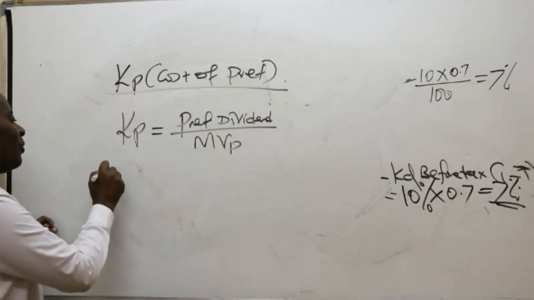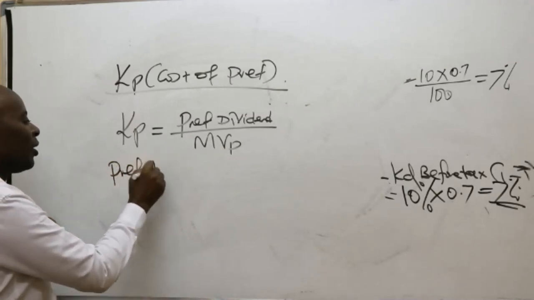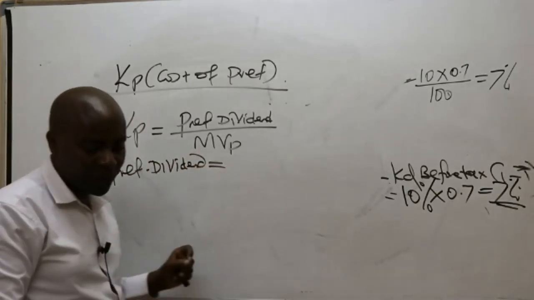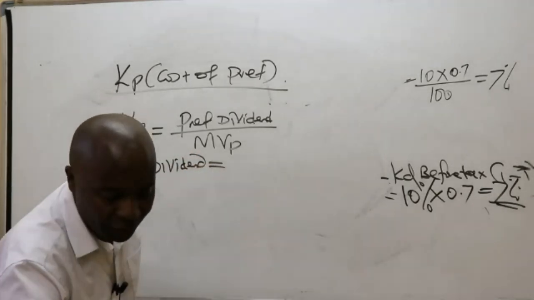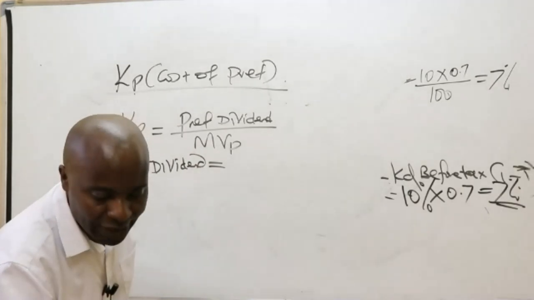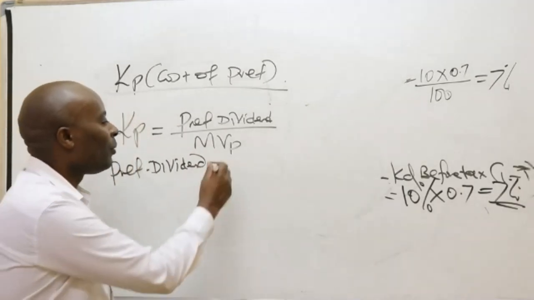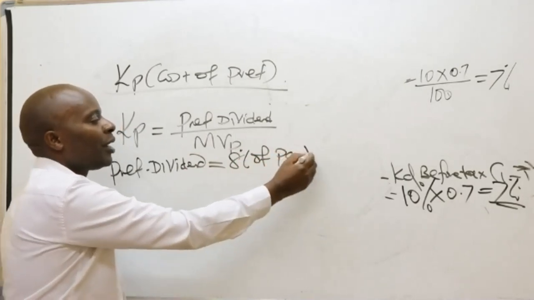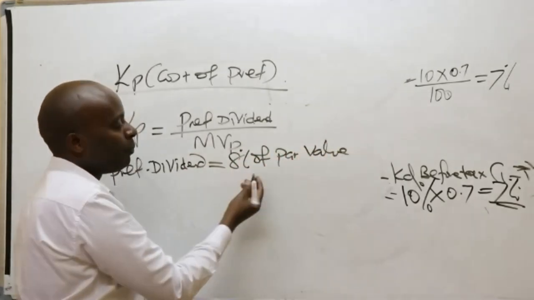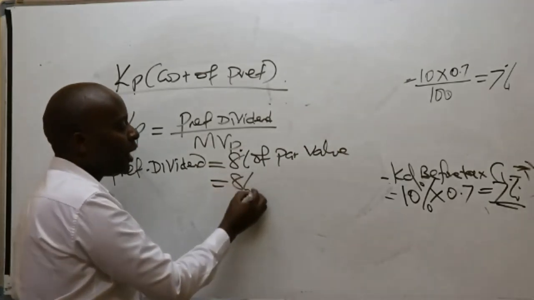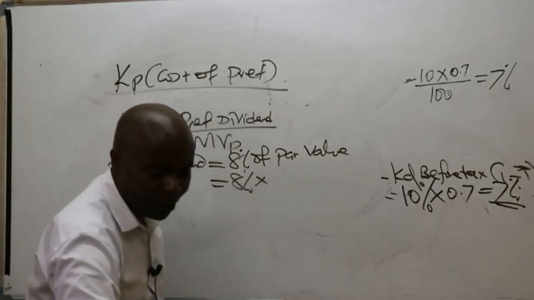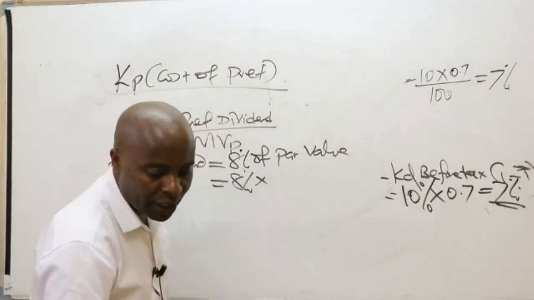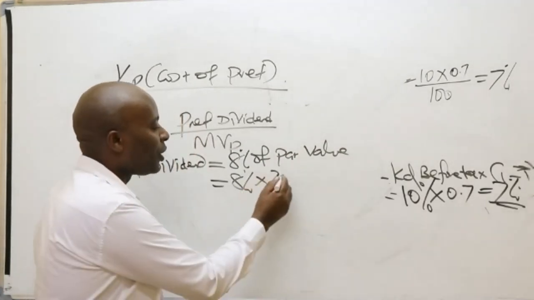So first of all, give me the preference dividend. Have they given us a coupon interest rate? Yes, it's 8%. So it will be 8% of the par value, the preference share capital par value, which is given there in the current optimal capital structure, which is 20.